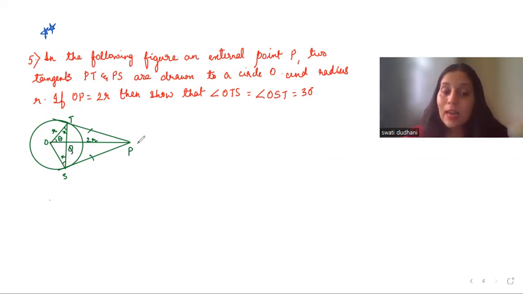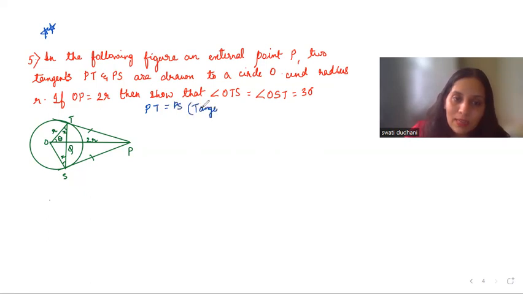All right, let us start the solution. P is again an external point and tangents are drawn from this. So tangents drawn from an external point are always equal in length. So I can write PT is equal to PS.